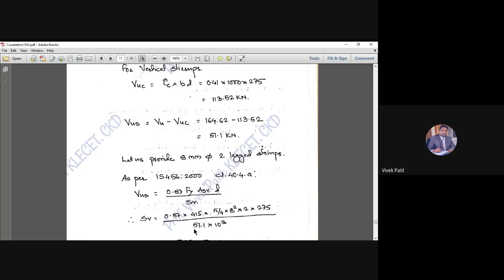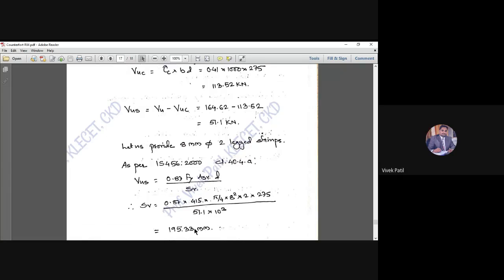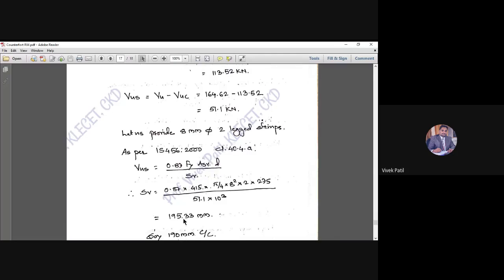Spacing of 8 mm 2-legged stirrups is 190.88.